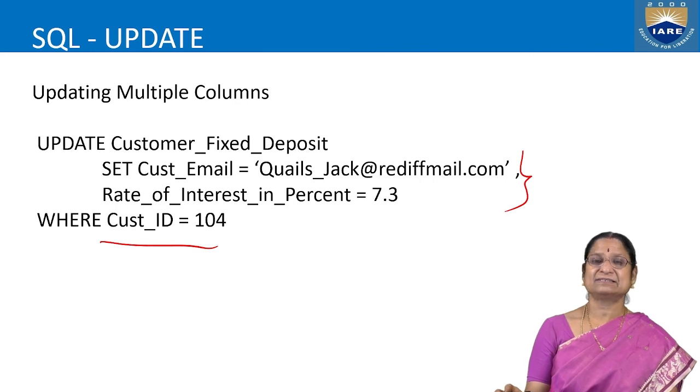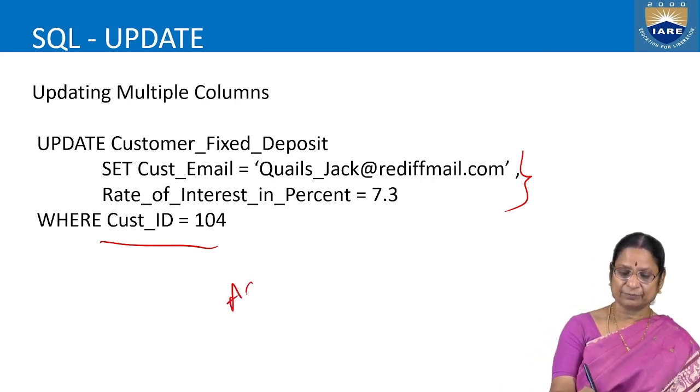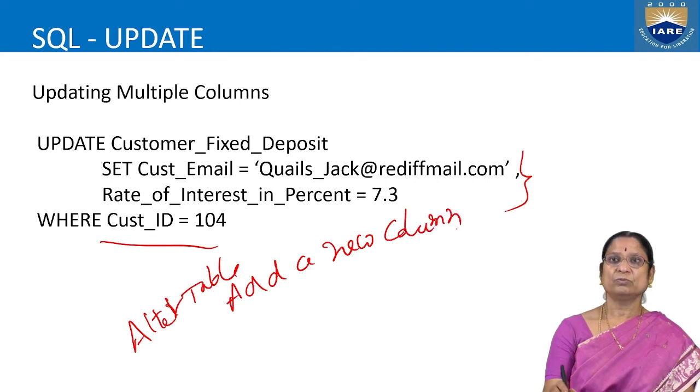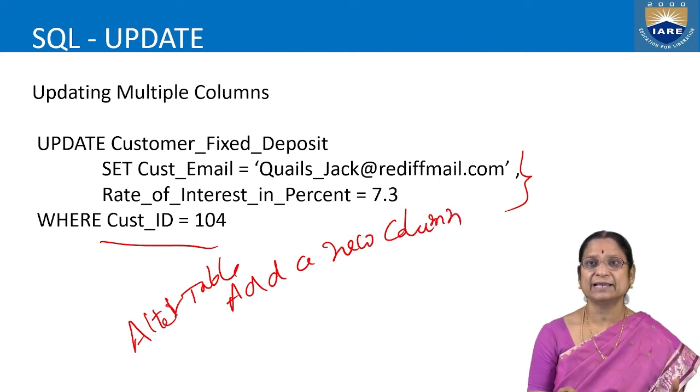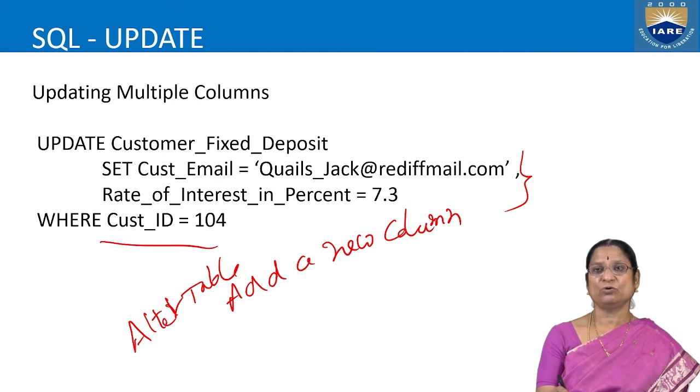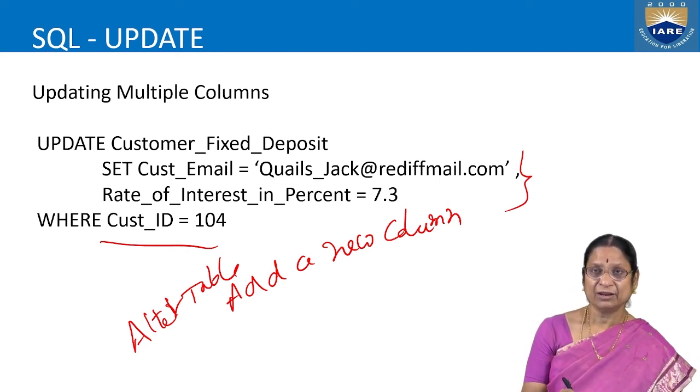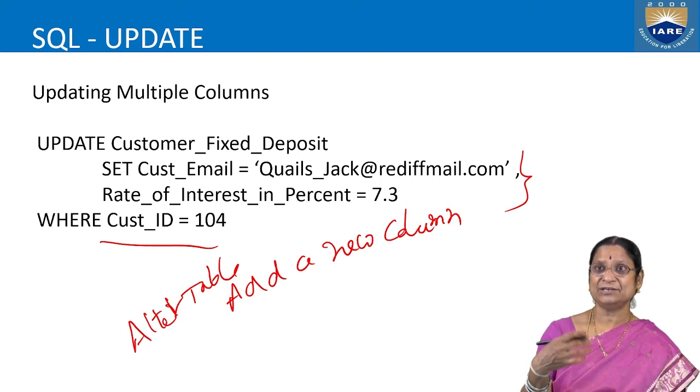As I expressed previously, when we add a new column by using alter table add column, like the email we added earlier, the data in that particular column for the existing rows may not be available. How to add this data? We cannot insert directly, because insert means a new row will be inserted.